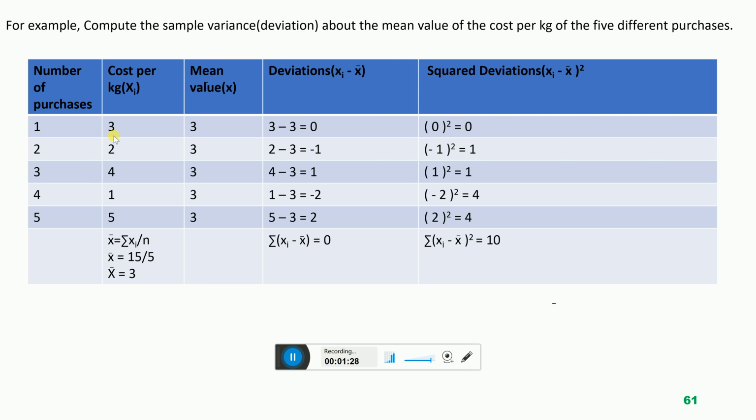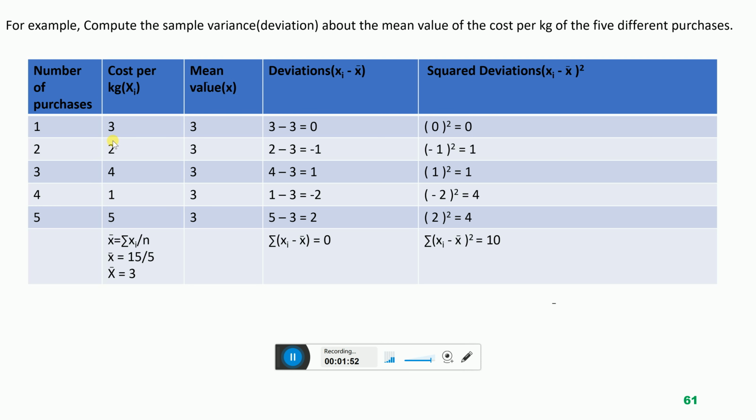So in here data items are given, but we do not have the mean value, because to find the deviations about the mean, we need the mean value. Data items we have in the second column with the symbol xi, but the mean we do not have. That is why we have to use these data items and compute the mean value.